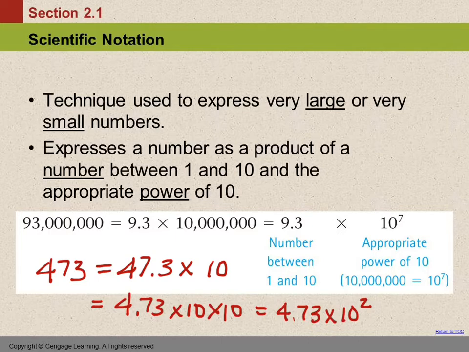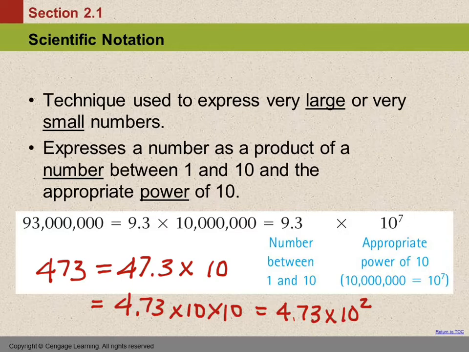So this number, 93 billion, is equal to 9.3 times 10 billion. Well, 10 billion is 10 raised to the 7th power. 10 raised to a power is easy to understand because the exponent tells us how many zeros are after the 1. If we look at this number, there's 1, 2, 3, 4, 5, 6, 7 zeros. 10 to the 7th power is a 1 with 7 zeros after it. 10 to the second power is a 1 with 2 zeros after it.